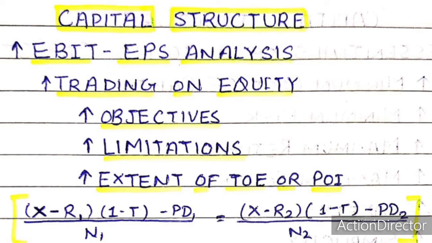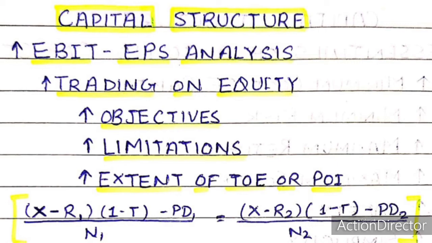Where additional cost and additional income are just equal, that would be the maximum limit of debt capital. At this stage, the earnings per share will remain equal to the cost of debt, whatever may be the debt equity ratio. This is known as the point of indifference of earnings before interest and taxes.